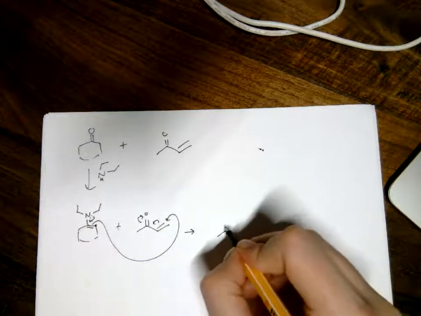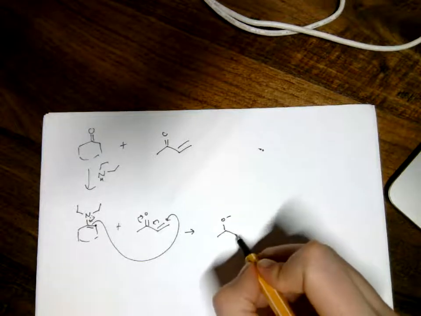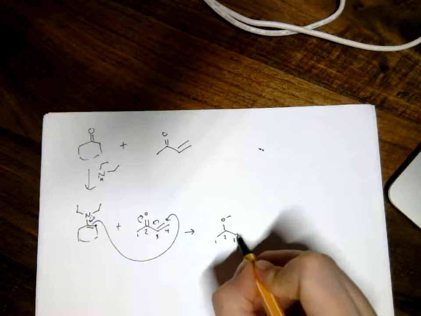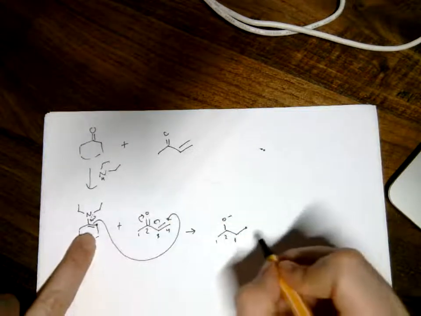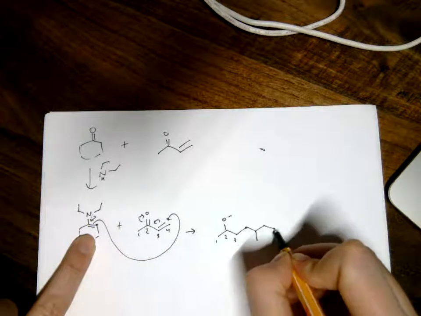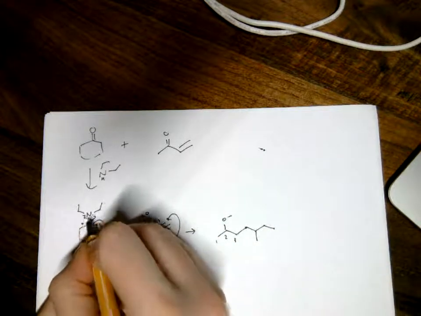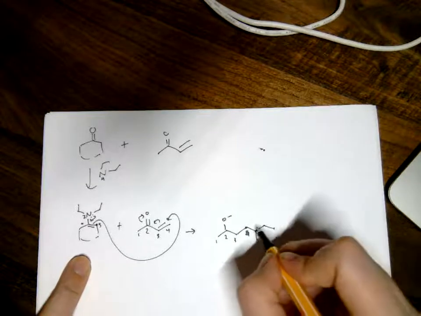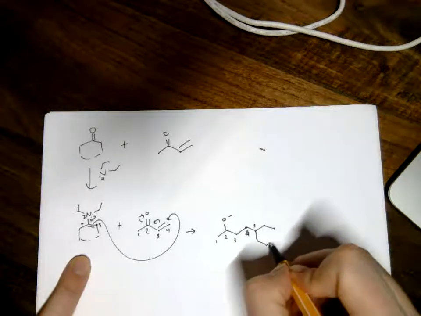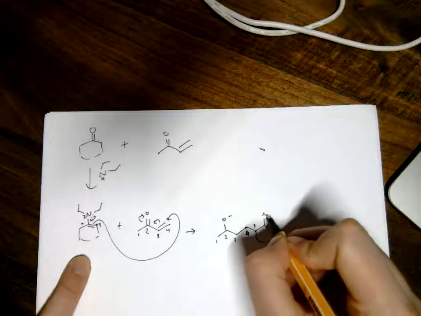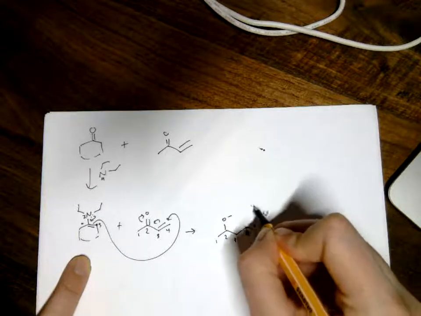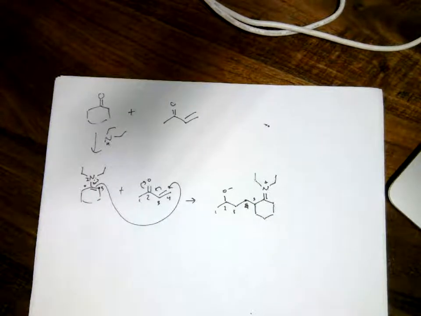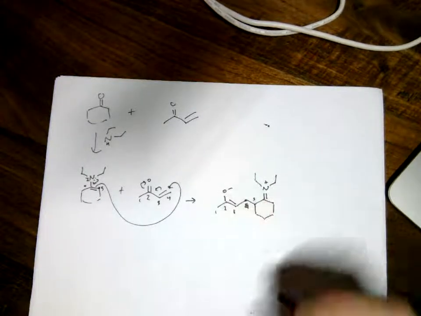And you would get primarily the 1,4 addition, which would give you O minus there. 1, 2, 3, 4, and 4 bonds with this carbon right here. 5, 6, 7, 4, 5. So we have this, and the double bond moved over.